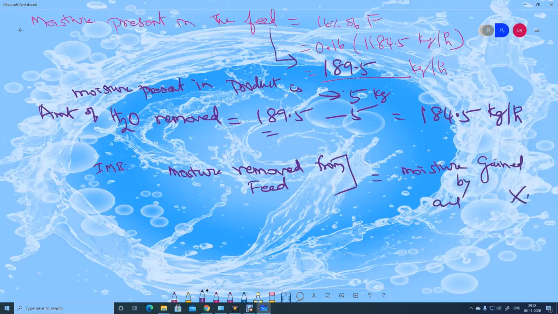So we are going to make use of this concept, that whatever is the moisture removed from the feed, these wet solids, in this case building materials, slab building blocks, that moisture is gained by the air.